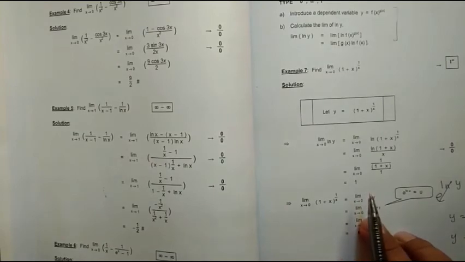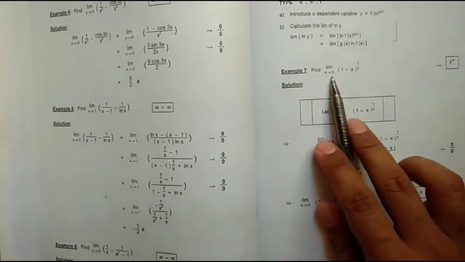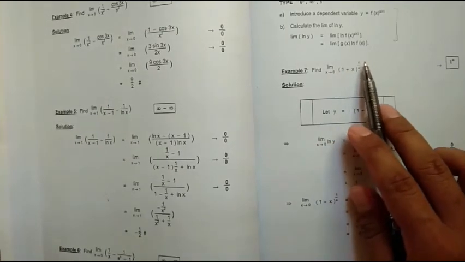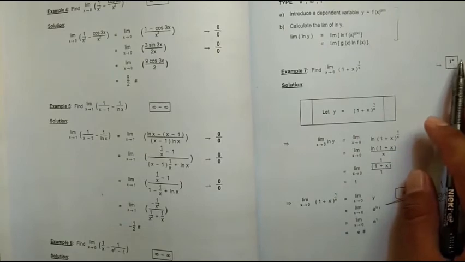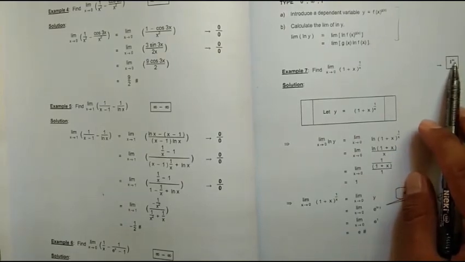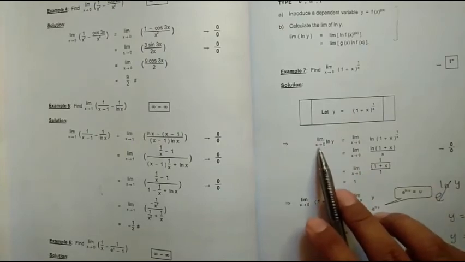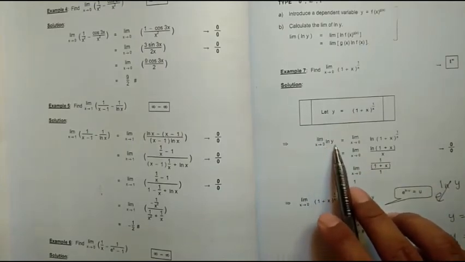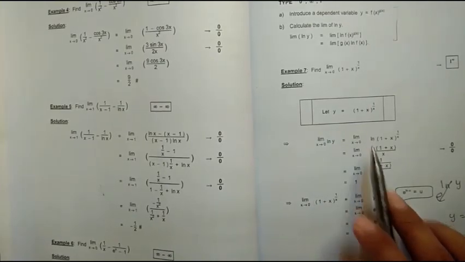Okay, so let y, example 7, limit x equal to 0, (1 plus x) power 1 over x. If you substitute x equal to 0, 1 power infinity. Okay, so how to solve this? Let y, and then limit ln y. Left hand side ln, and then right hand side you must put ln.